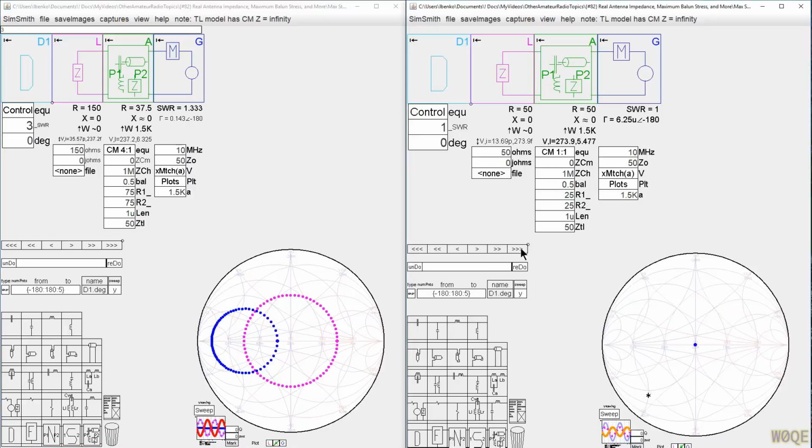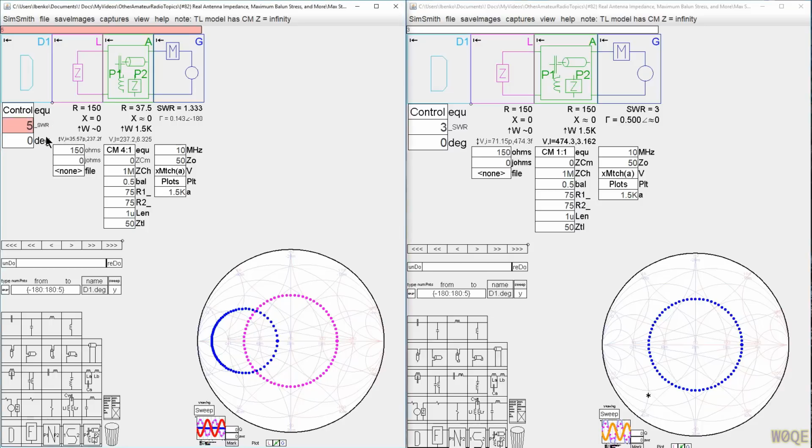Whereas in the 1-to-1 Balun case, the load impedances are right there, and the generator impedances are right there also. So there's not a lot of compelling reason to go to a 4-to-1 Balun, in my opinion. You may have particular cases where you can't match with your matching network, in which case the 4-to-1 Balun makes a lot of sense. But let's look at some extreme cases here.